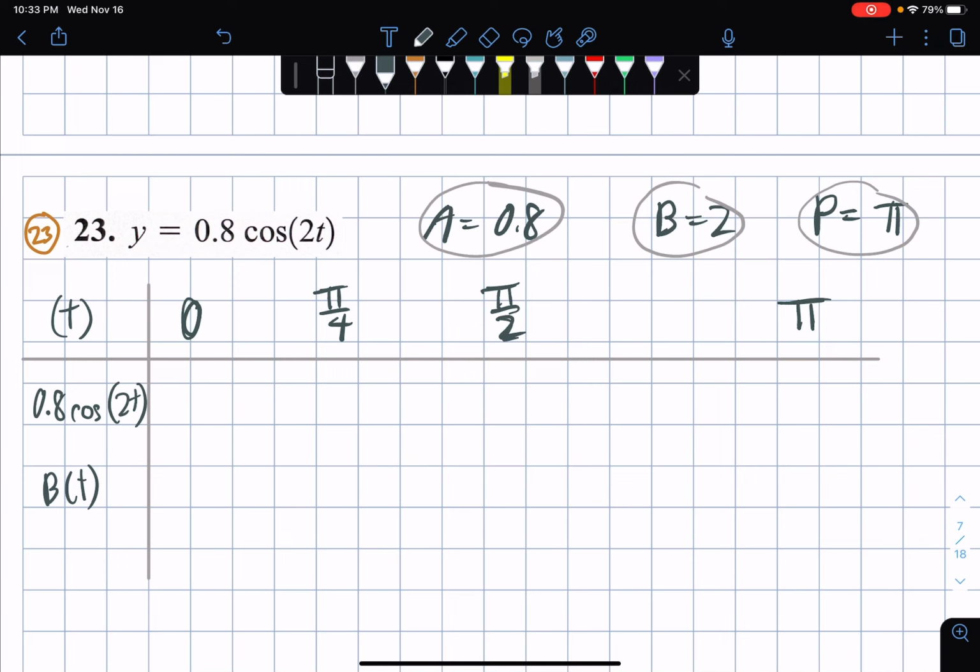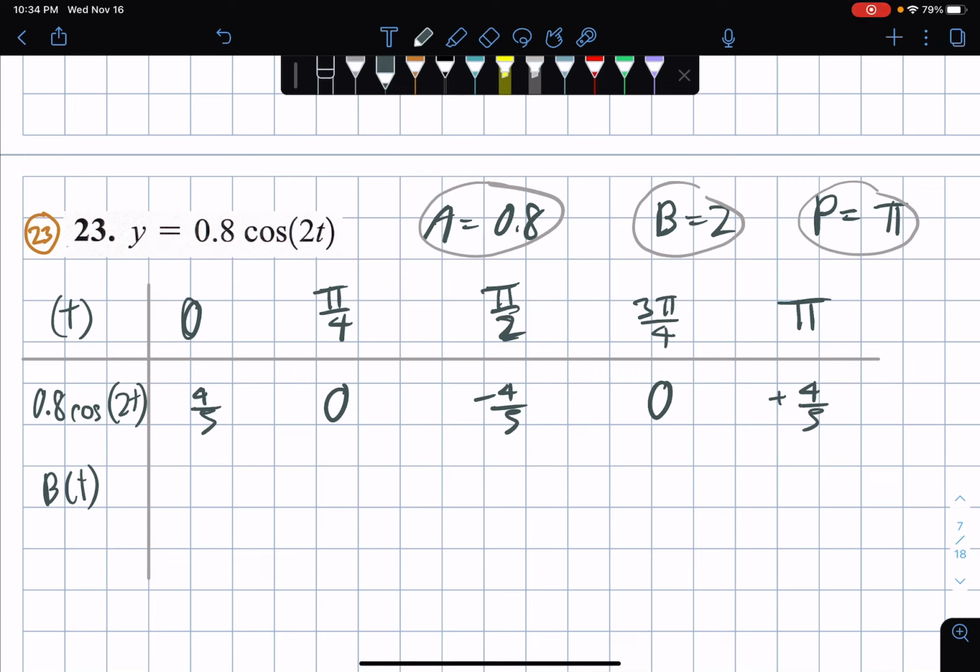Then what is between 90 degrees and 180 degrees is 135 degrees, which is 3 pi over 4. For 0.8 cosine 2t, multiply that with the t variable. So if t is 0, then we have 4 over 5, then 0, negative 4 over 5, 0, then positive 4 over 5.